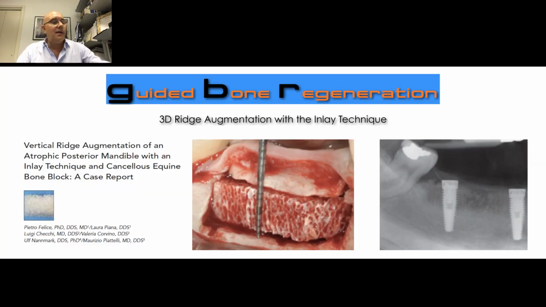Well, now in the last 15 minutes that we have, we can evaluate another option that we have when we want to do guided bone regeneration. So we can do vertical ridge augmentation of atrophic posterior mandible by using cancellous equine or porcine blocks.